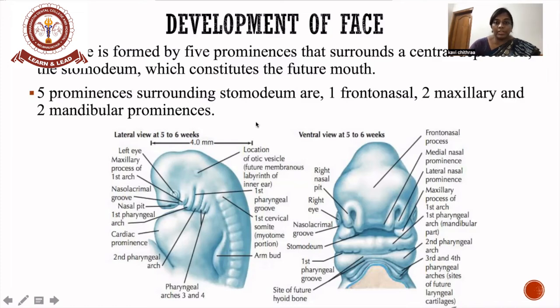The 5 prominences are 1 frontonasal process, 2 maxillary and 2 mandibular prominences. These are the nasal pits. This is the eye region, and these are the maxillary processes, and this is the mandibular process.